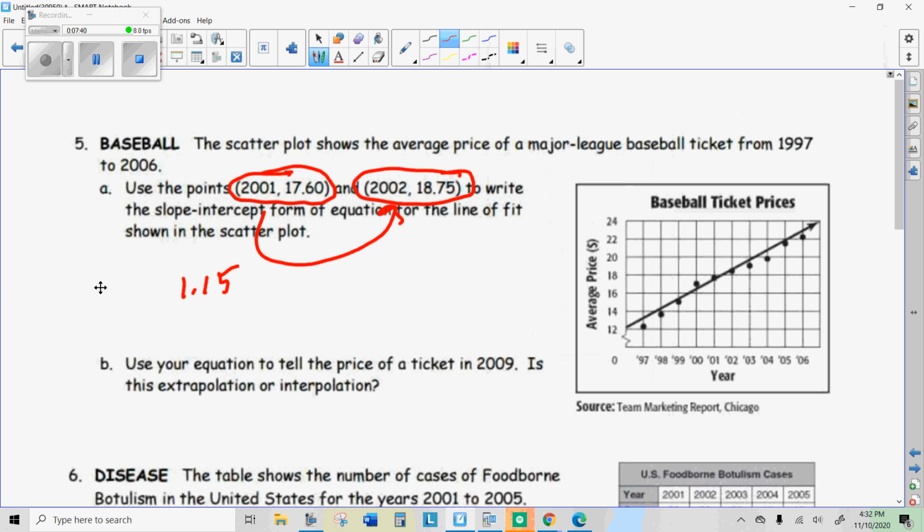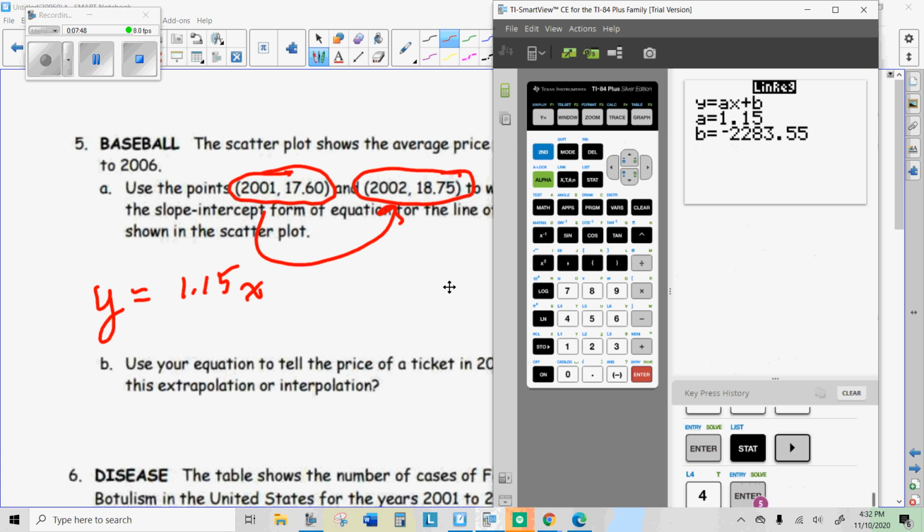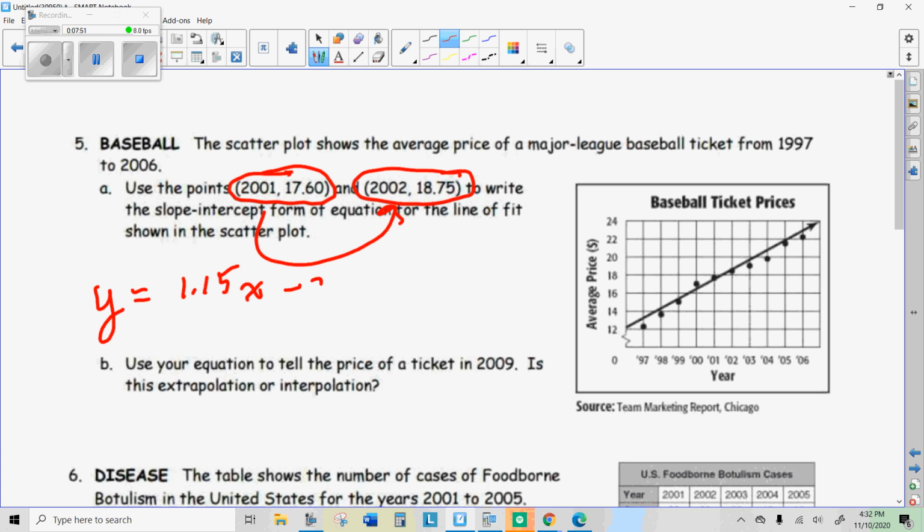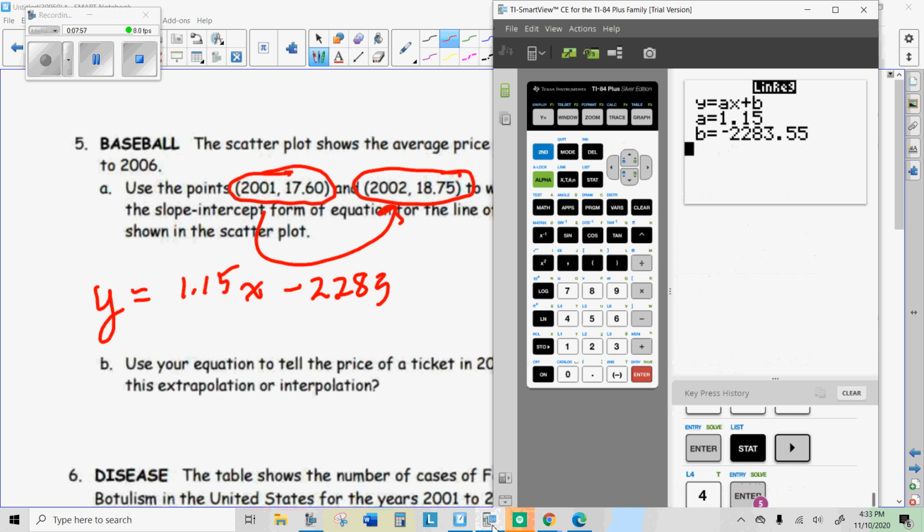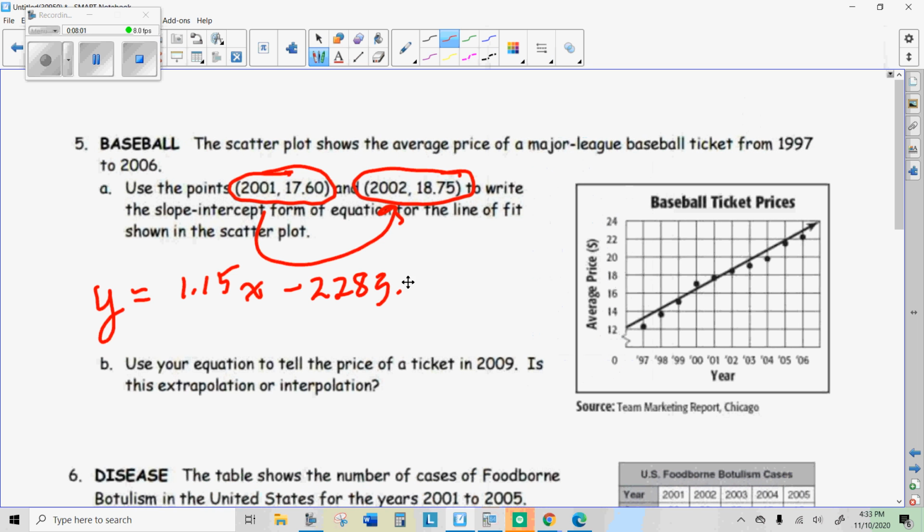So my equation would be y equals 1.15x. And there's another big number on the calculator there. It's minus 2,283.55.